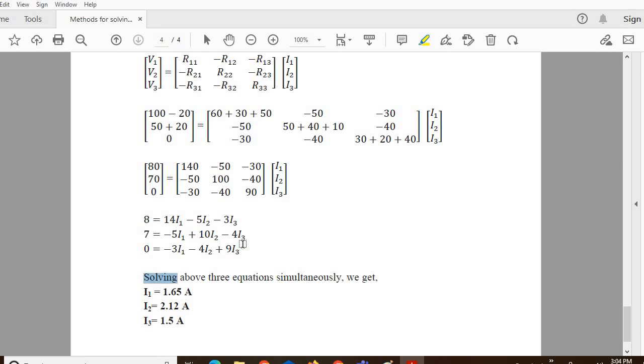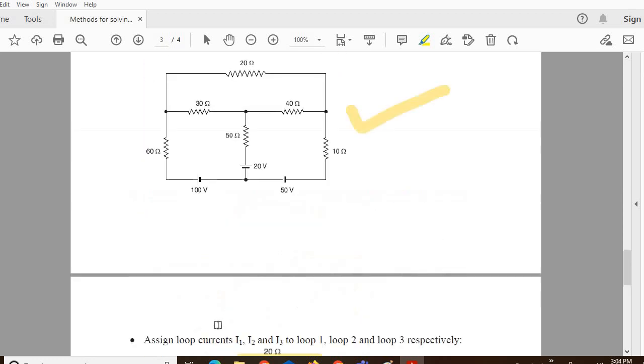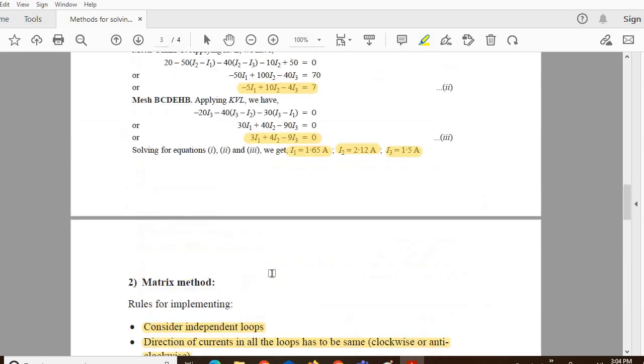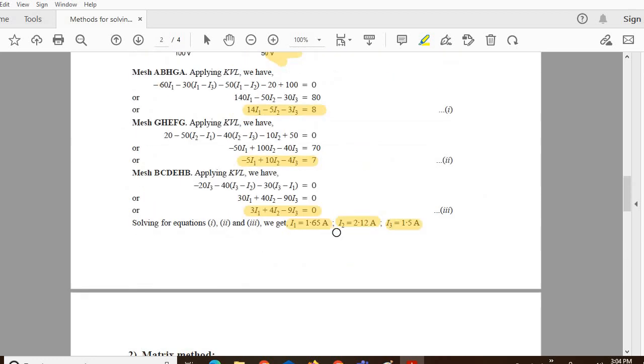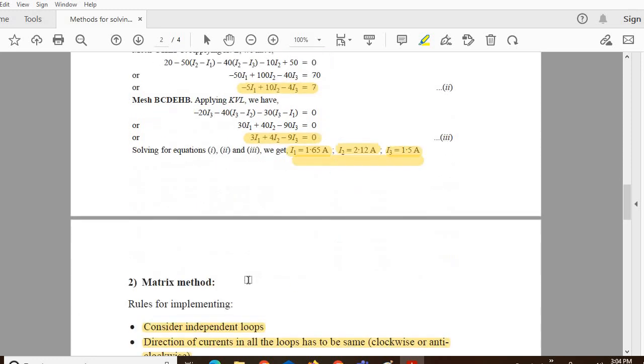These equations are similar to those we got in the previous method, and solving these three equations simultaneously gives the currents I1 as 1.65 ampere, I2 as 2.12 ampere, and I3 as 1.15 ampere, which is similar to the conventional method results of 1.65, 2.12 and 1.5 ampere.